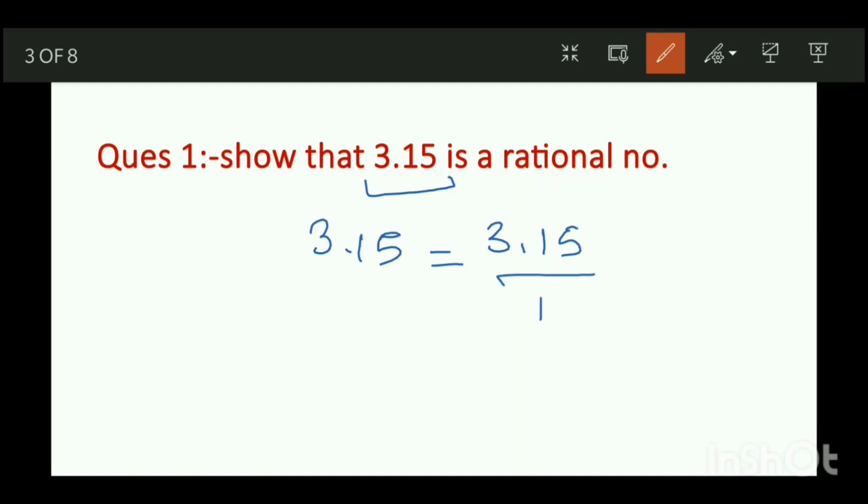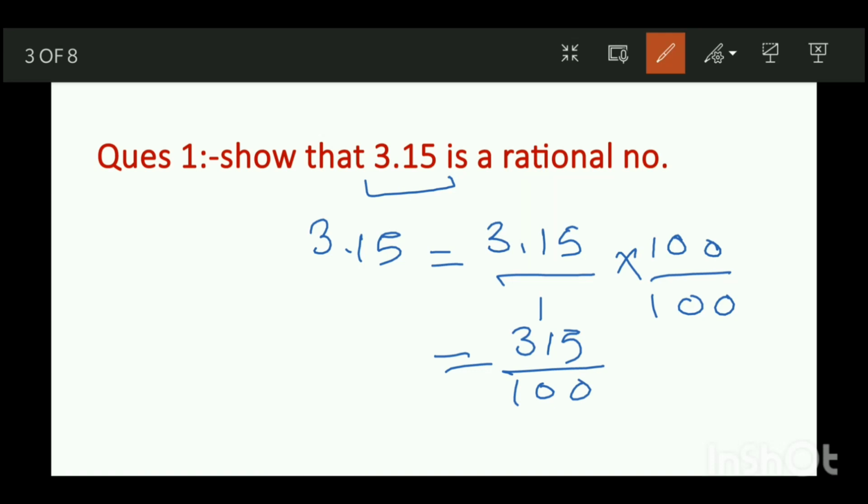Here after the decimal there are 2 digits, so we multiply by 100. If 1 digit, then we multiply by 10. By multiplying 3.15 by 100, we get 315 upon 100. So this is the rational representation of 3.15.